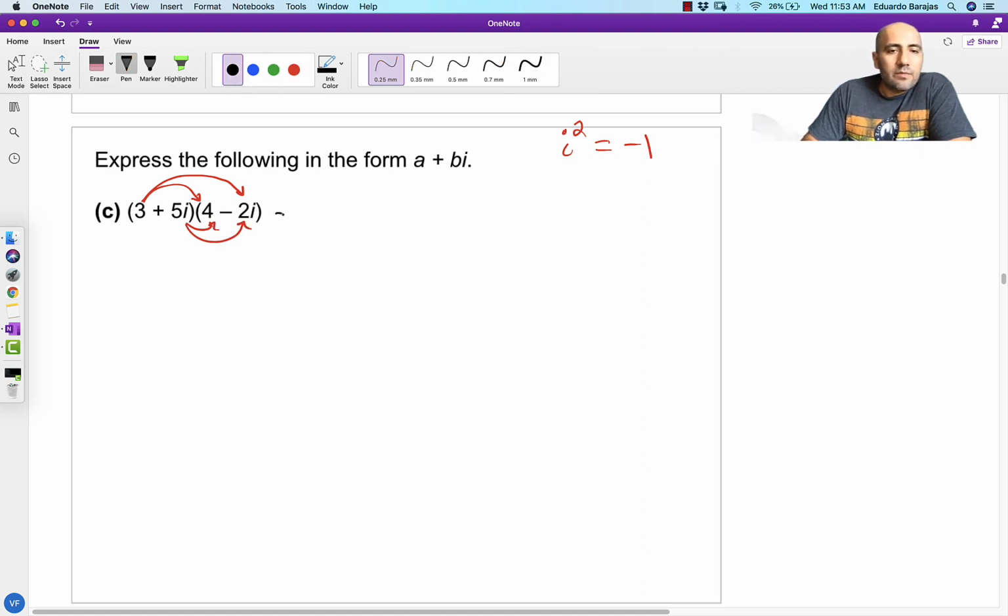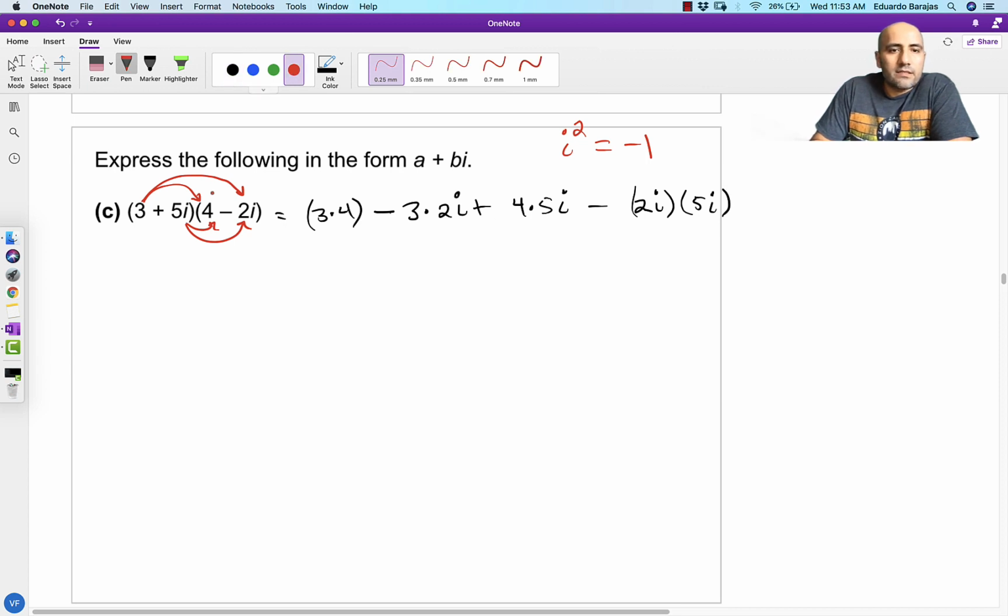Okay, so this is going to be equal to 3 times 4 plus or minus 3 times 2i plus 4 times 5i minus 2i times 5i. Right, so that's the FOIL.